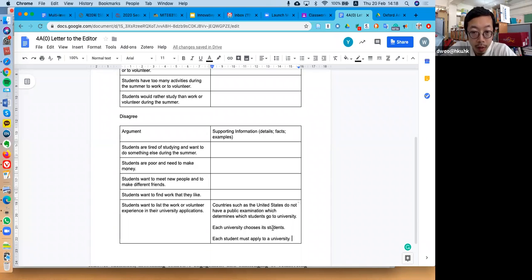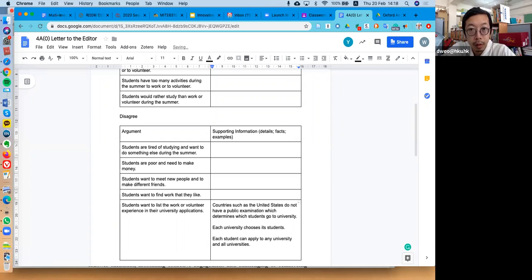You can apply to any university. So these are just some facts that are useful to support the argument. Students want to list the work or volunteer experience in university applications.